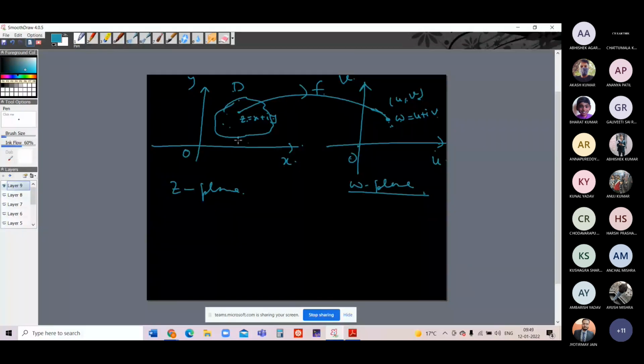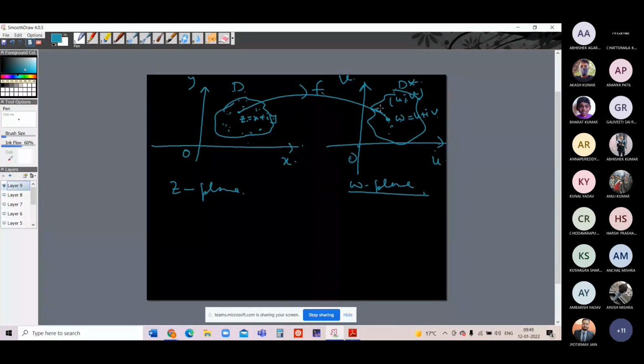There are several points inside this domain D, and f will map every point of D to a point in this w plane. The collection of all those w's which are the images of the z lying inside D will form a set, and we say that it is D star.